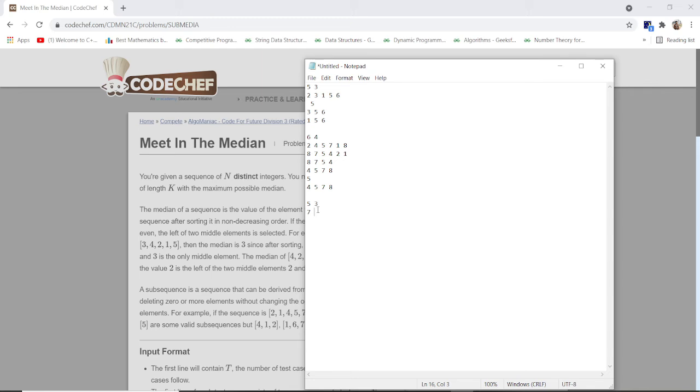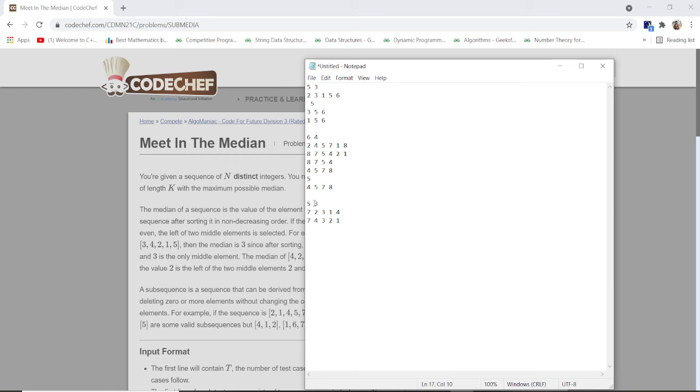So the values of the array are 3, 2, 3, 1, 1 and 4. If I sort this array and reverse it, it will be 7, 4, 3, 2, 1.